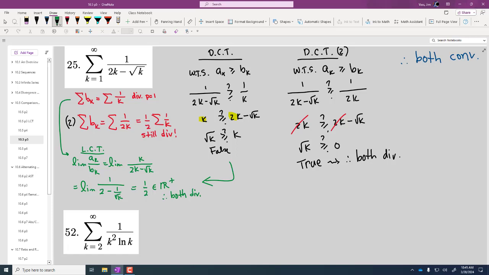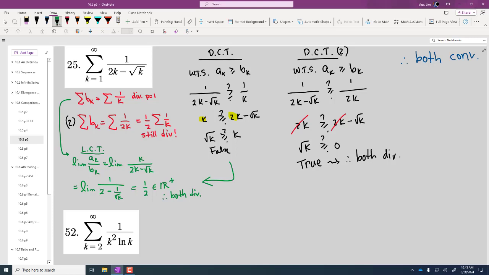No, seriously. Okay, let's do math. So with this first DCT that didn't work, if you did want to jump over to the limit comparison test, I just wrote out what the limit comparison test would look like in that case. We still do the a sub k over the b sub k, so a sub k divided by this b sub k would put a k in the numerator there. And then I divided by the dominant term, which is the k.